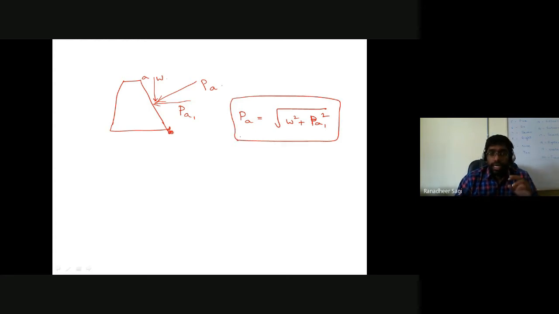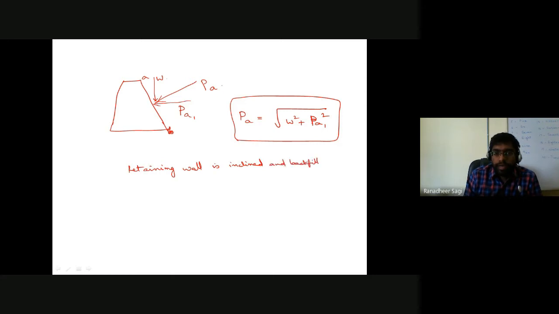Okay, so in case your retaining wall surface is inclined and your backfill is sloping.